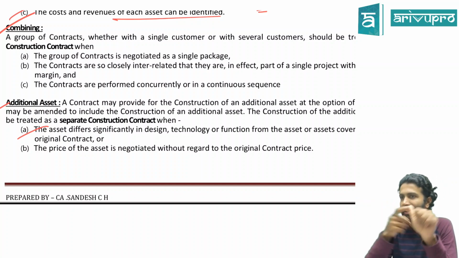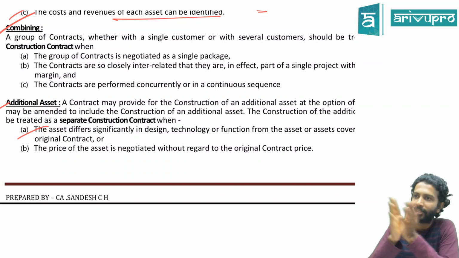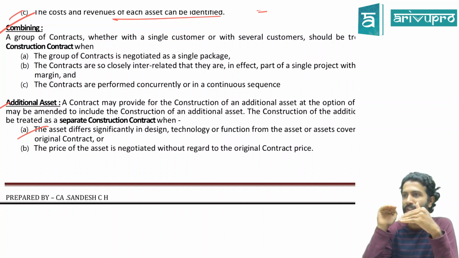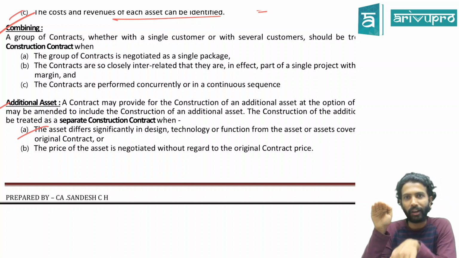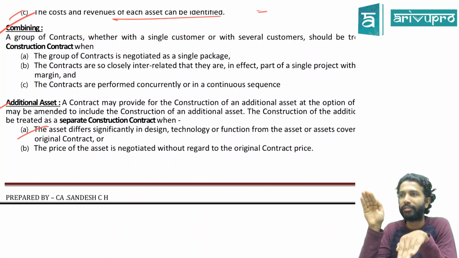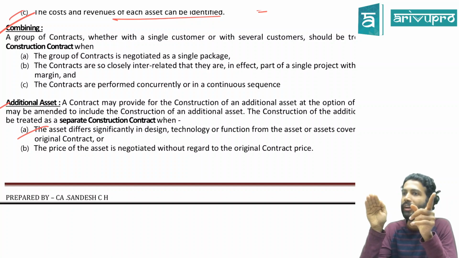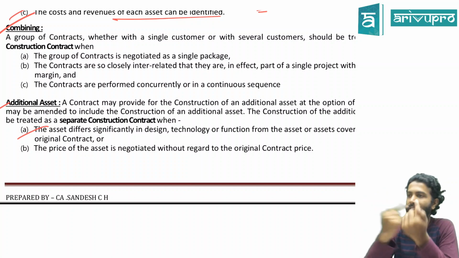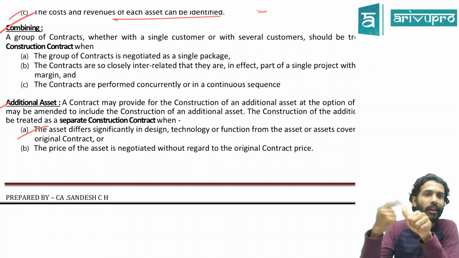Is it different technology wise, feature wise, or is it the same like the old asset? If it is different, it means a separate contract. Let's say a 2 kilometer flyover, after that a 1 kilometer underpass. Are flyover and underpass the same in characteristic, usage and cost? No. So you will treat it as a separate contract.